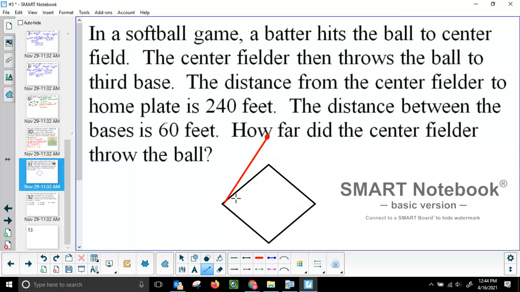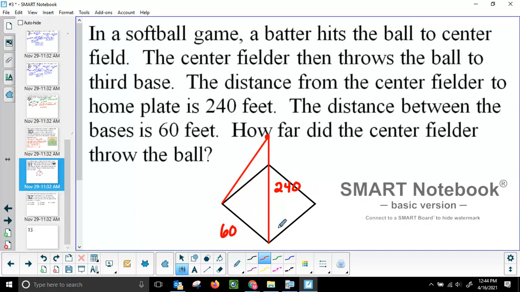The distance from the center fielder to home plate is 240 feet. So we know that this is 240 and this is 60.